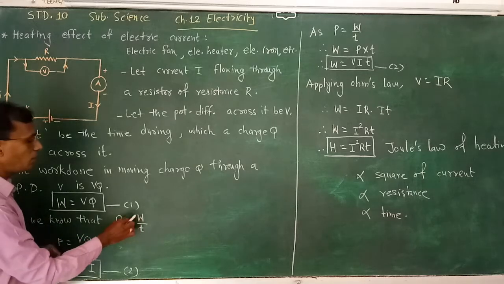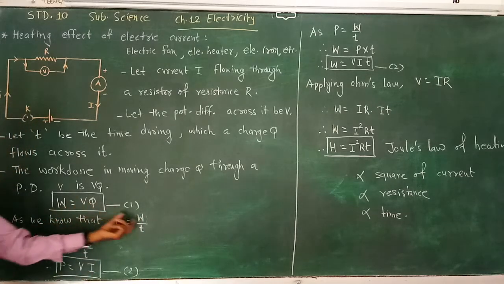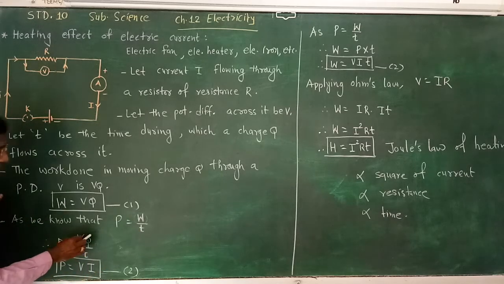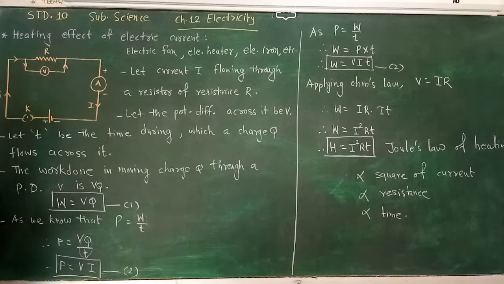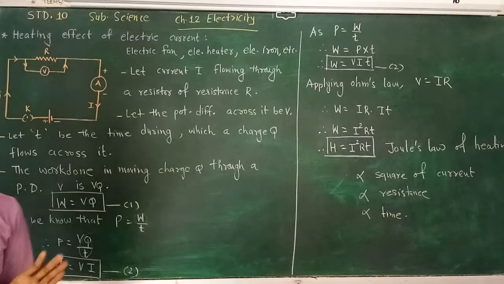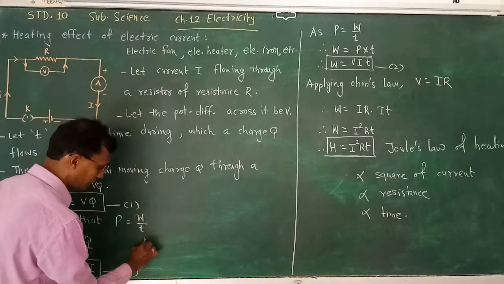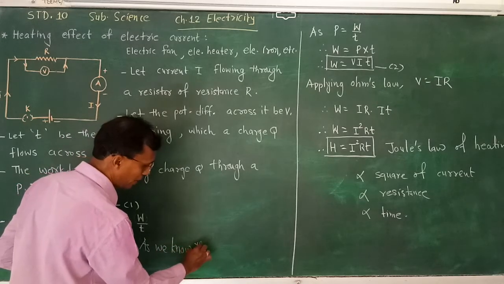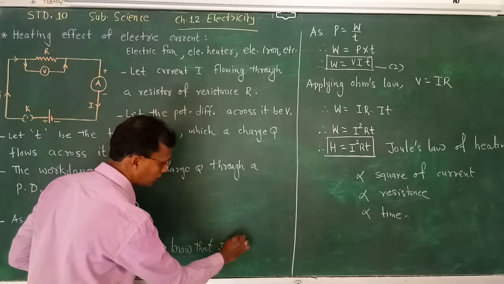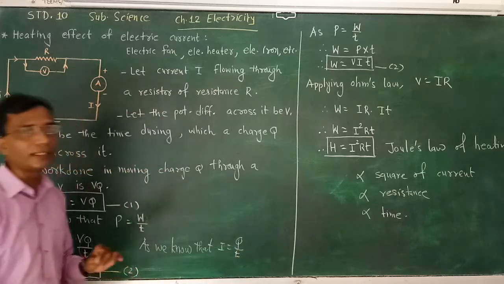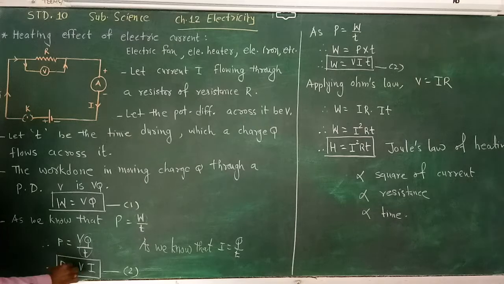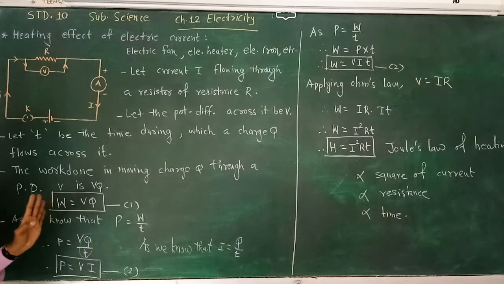So in place of W, we write VQ, so P is VQ upon T. But according to the definition of electric current, I is equal to charge per unit time, so Q upon T is I. So P is equal to V into I. This is equation number 2.